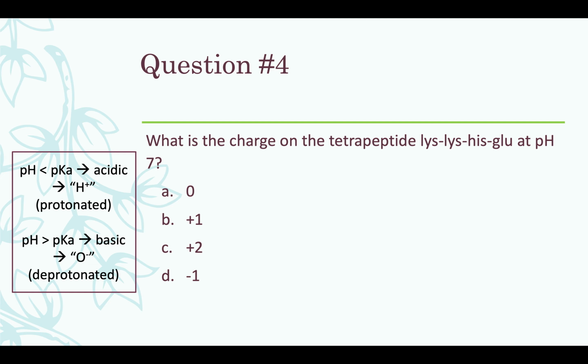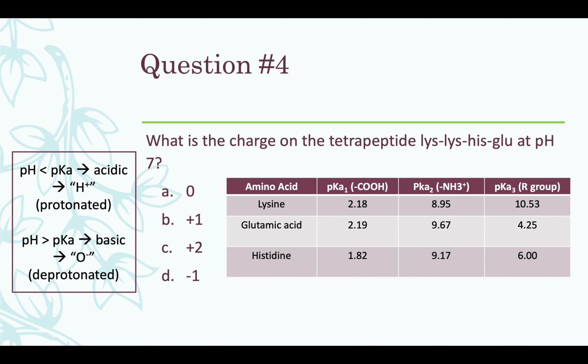Shown on this table are the pKa values of the different R groups in your amino acids. For lysine, the pKa for the carboxyl group is 2.18, which is less than the given pH, meaning it's deprotonated. So you have a negative charge here.